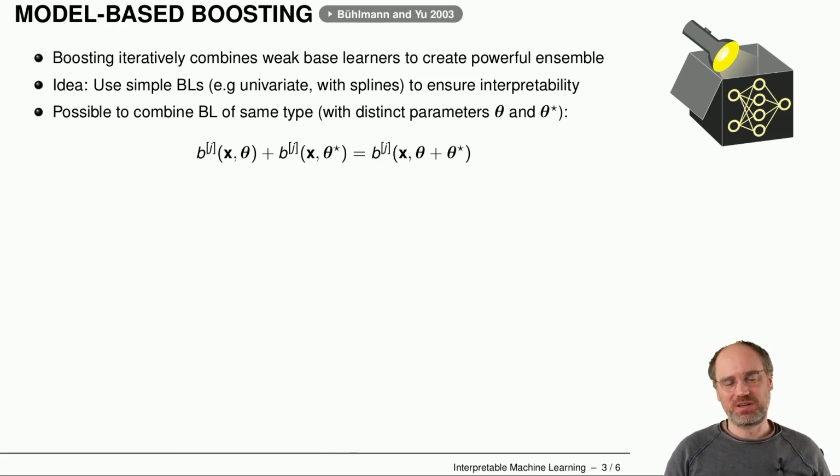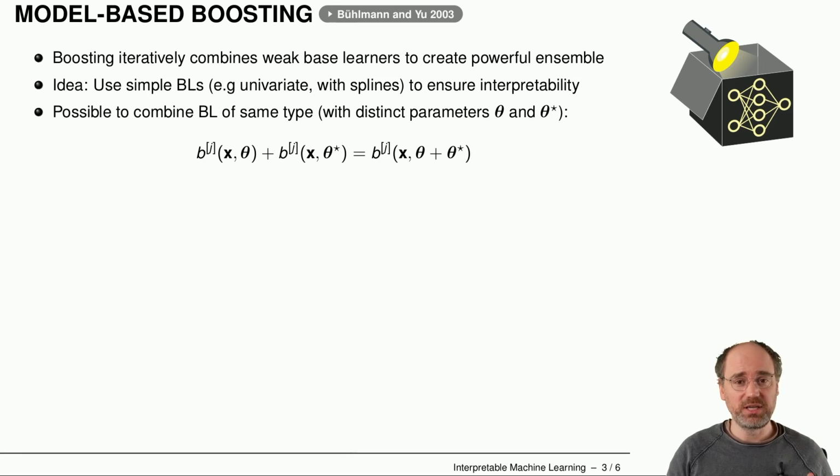The major change that we make in model-based boosting, which some people also call component-wise boosting, is to say, hey, maybe let's use quite restricted and simple base learners. What do we normally use in gradient boosting? We often use trees, and often shallow trees, of depth maybe 2, 3, or 4. But with trees of depth 2, 3, or 4, interactions are already possible in the model, and the deeper we make the trees, the less interpretable the model is.